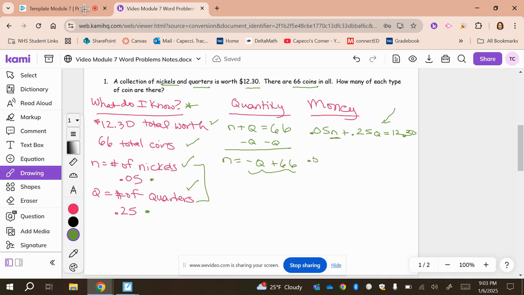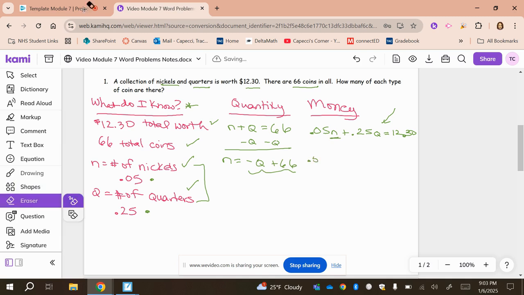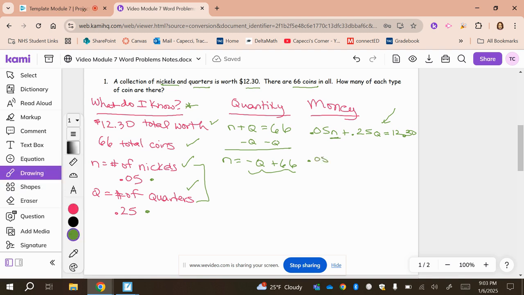So I have 0.05. Not 0.5, let's fix that. So I have 0.05 times negative Q plus 66, plus 0.25 Q, and I know that is equal to $12.30.